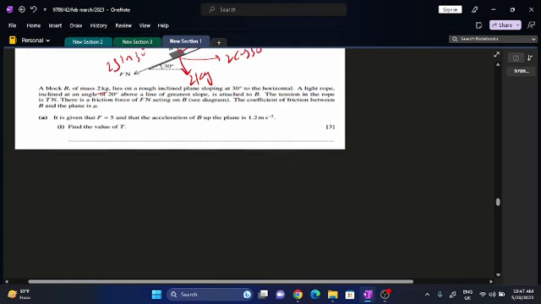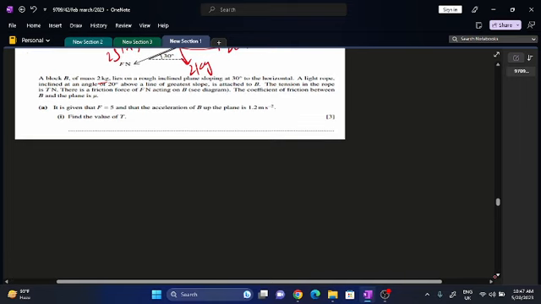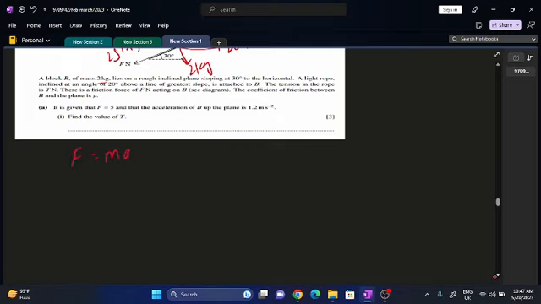Use one of the famous laws, Newton's second law of motion, that F is equal to ma, because a lot of forces are acting on this body: resistive force, forward force, and so on. So summation of F is equal to ma.